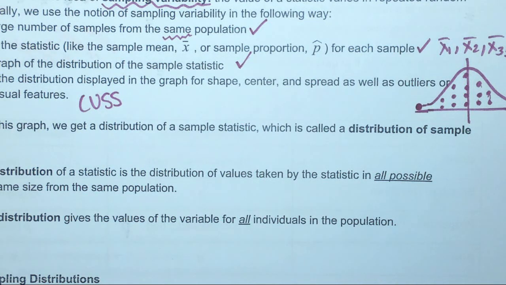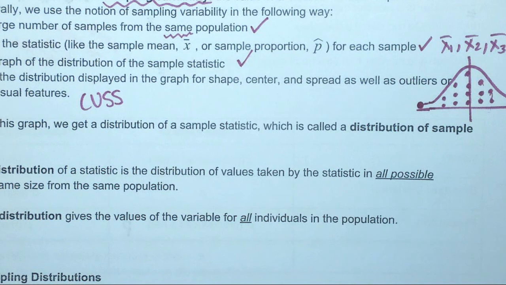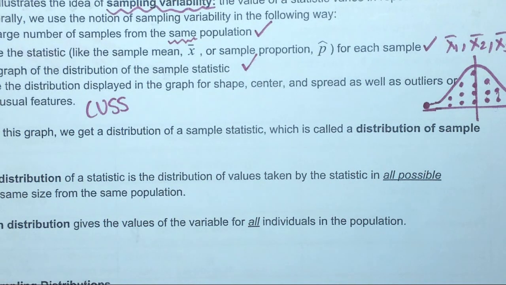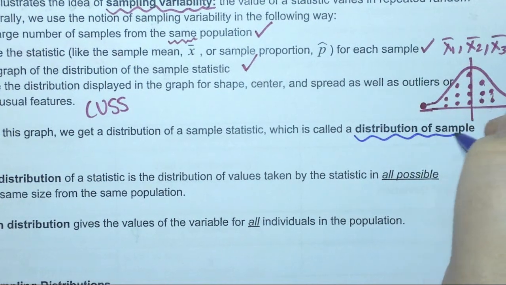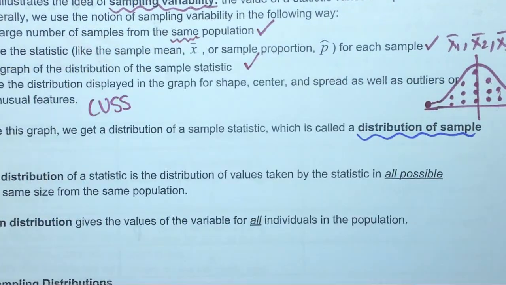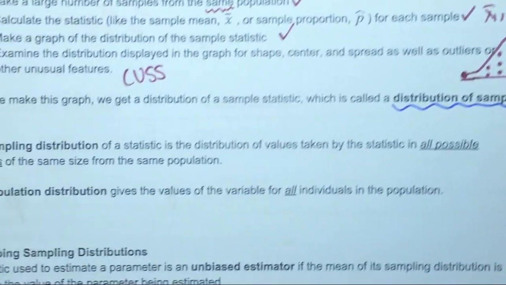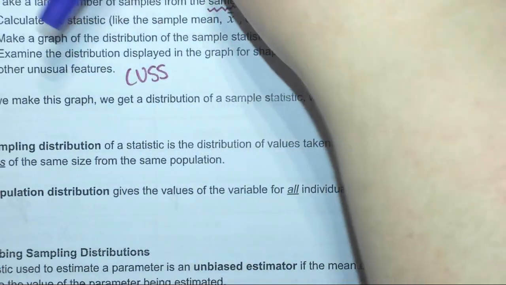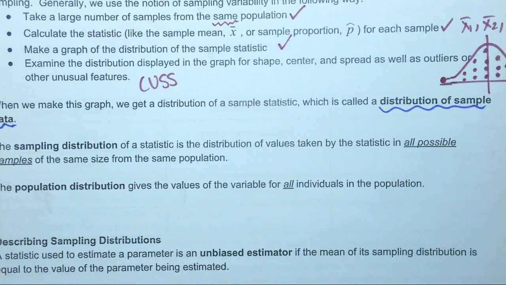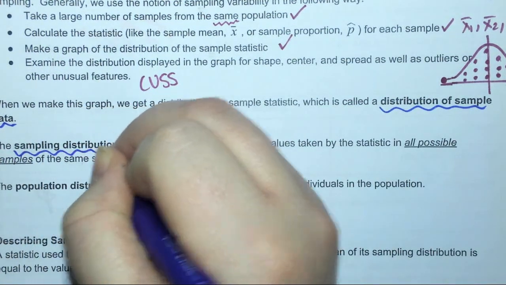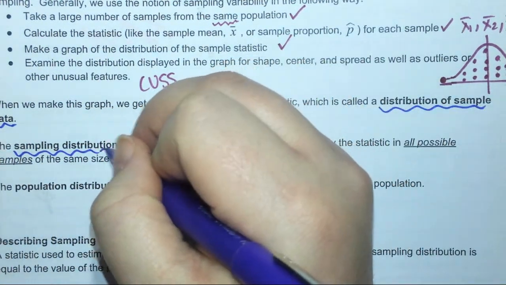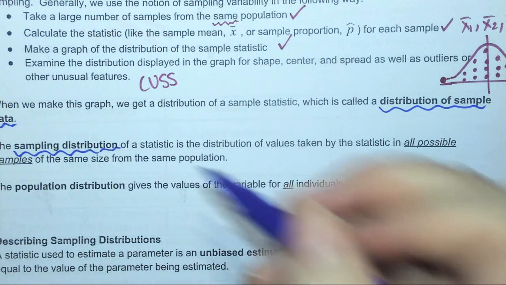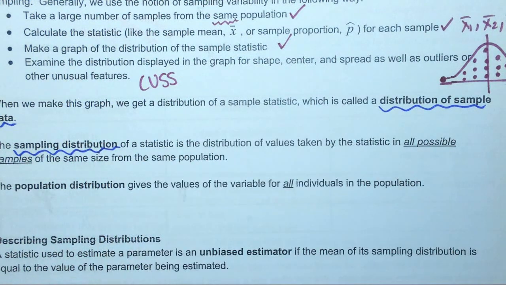Okay, when we make this graph, this little histogram thing that we fit our bell curve to, we get a distribution of a sample statistic, which is called a distribution of sample data. Ms. Compton gets lazy, and I just start calling a distribution of sample data a sampling distribution. Technically, they are different, but I kind of blur that line.